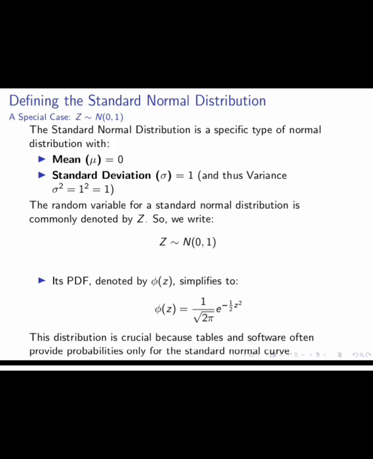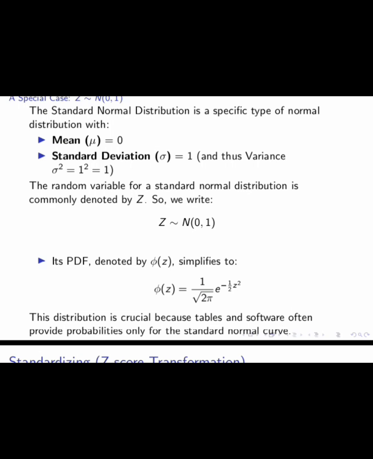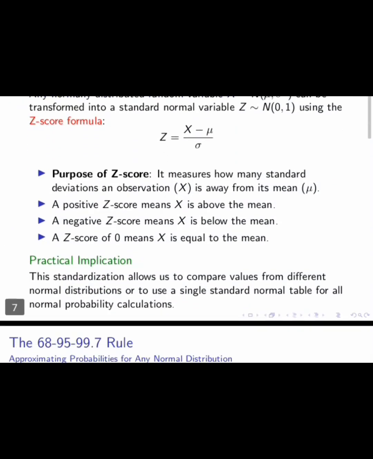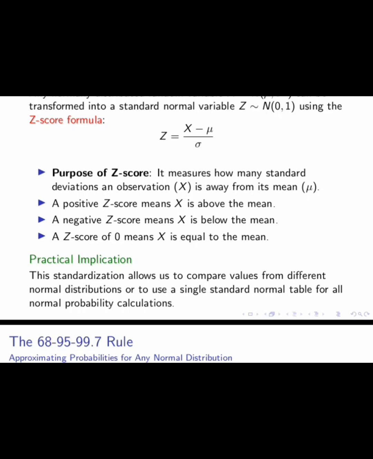This distribution is crucial because tables and software often provide probabilities for the standard normal curve. Most tables these days provide distributions for mostly the standard normal distribution because it is standard. Now, standardizing, the z-score transformation.